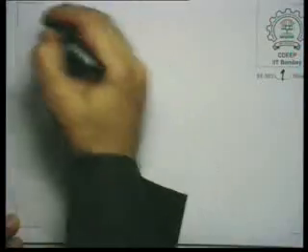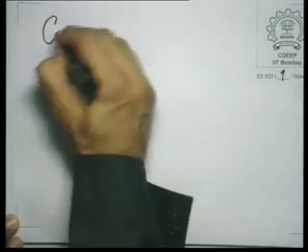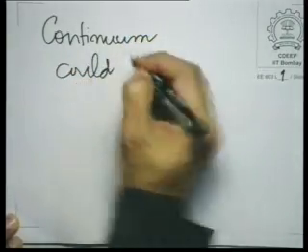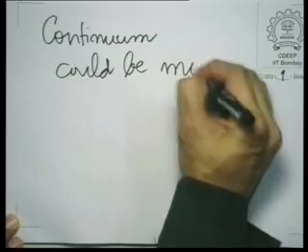But you must remember that you can also have a two-dimensional independent variable. For example, you can have a picture. So we should make a note of that. A continuum can be more than one dimension.